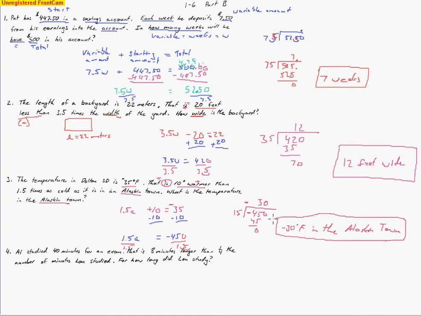Well, last problem. Similar to the last, just different types of wording here. It says Al studied 40 minutes for an exam. That is. Again, these examples always use that same phrase, but anytime you see that word, and they're comparing that number to something else, then that typically tells you the equals sign. So 8 minutes longer.